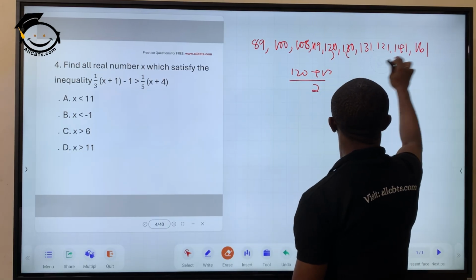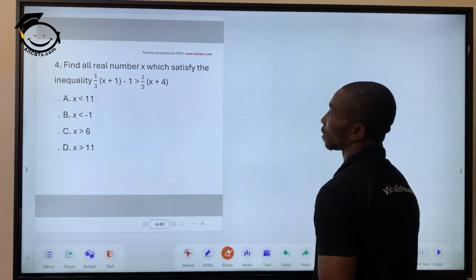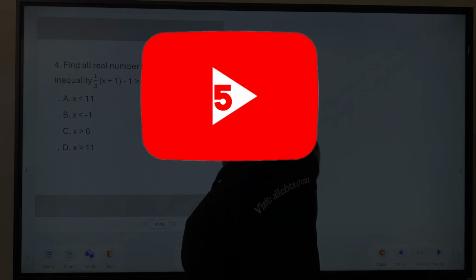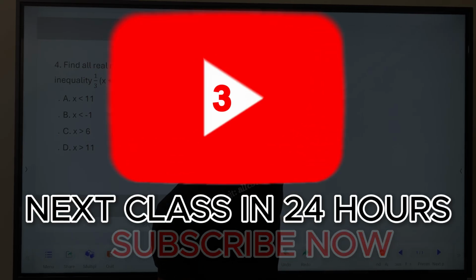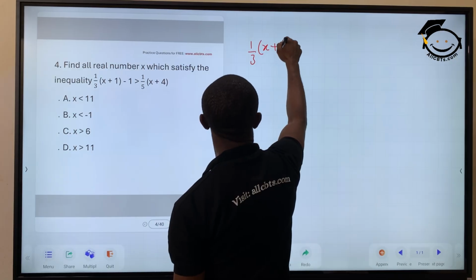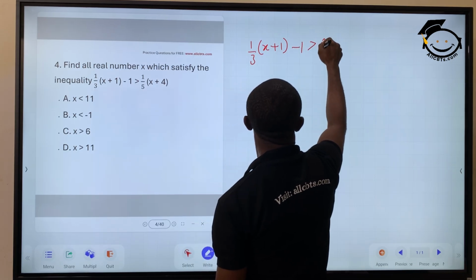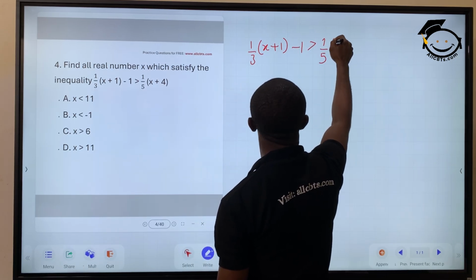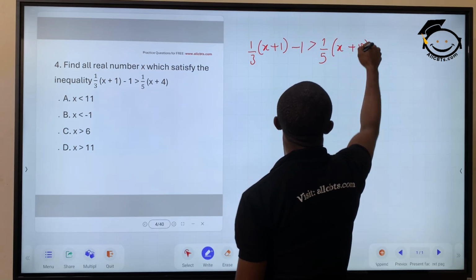Next we have, find the real numbers which satisfy the inequality: 1 over 3 (x plus 1) minus 1 over 5 (x plus 4).